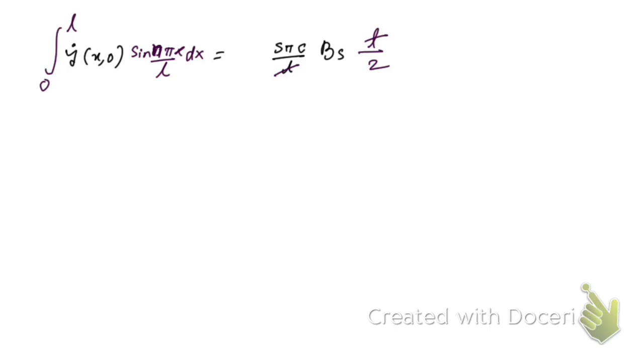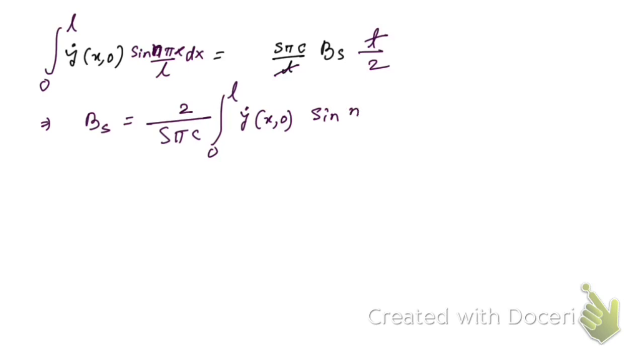So from here what we're going to get: bs is equal to 2 by s pi c integration 0 to L y dot x comma 0 sine n pi x by L dx. That is what we have got.